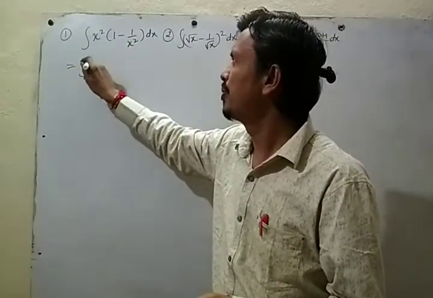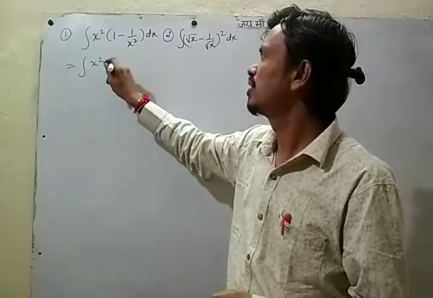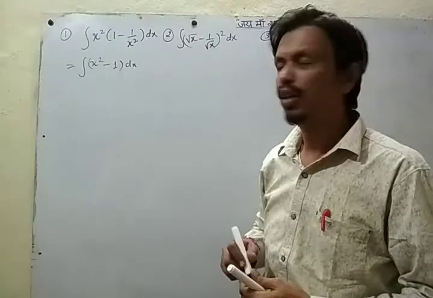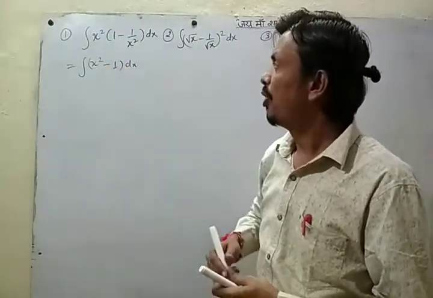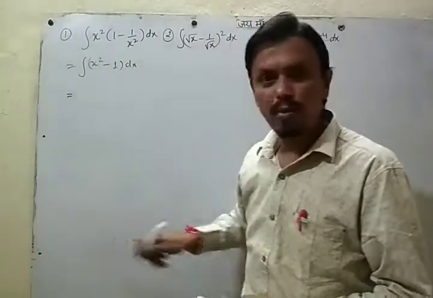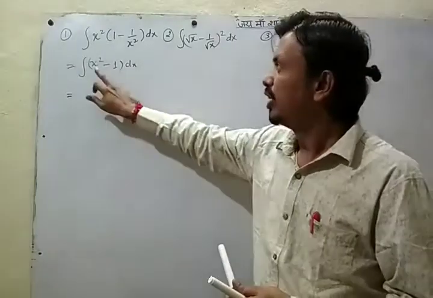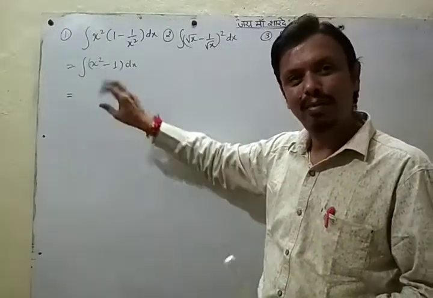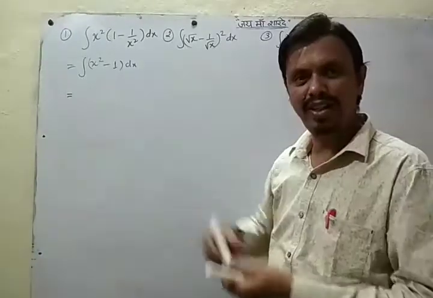So it can be written as x square minus 1 after multiplying. Okay? So we get x square minus 1. Now, as we have seen some properties, the integral of a sum or difference of two functions is the same as the sum or difference of their integrals.